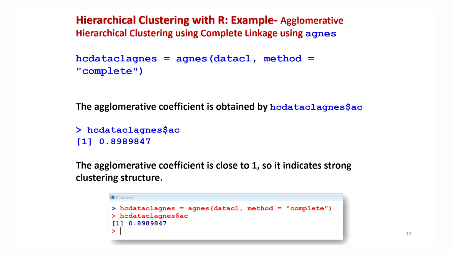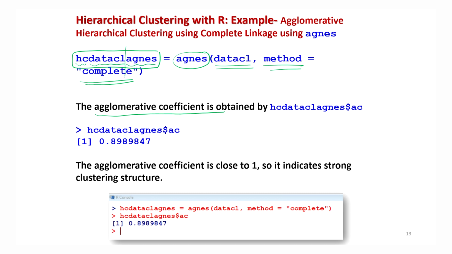If you want the agglomerative coefficient, you first do the hierarchical clustering using the agglomerative approach with the command agnes over this data.cl, using the complete linkage method, and save the outcome in hc.data.cl.agnes.